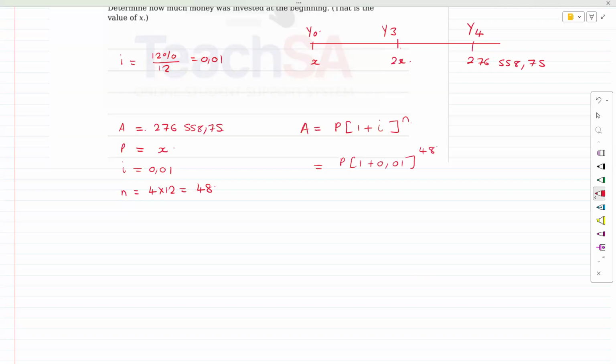I'm just curious. This is 276,558.75, and this is 1.01 to the power of 48.